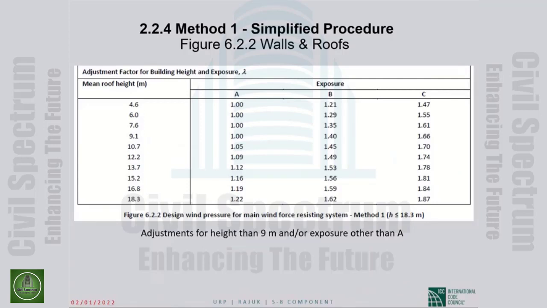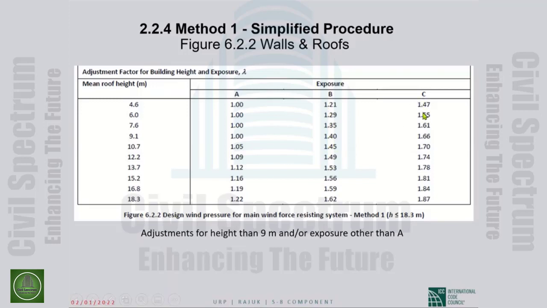The conversion factor: if you have an exposure category other than B, or a mean roof height other than 30 feet, then all the PS30 values will be multiplied by the lambda that you will get out of this table. So exposure B is the benchmark category.